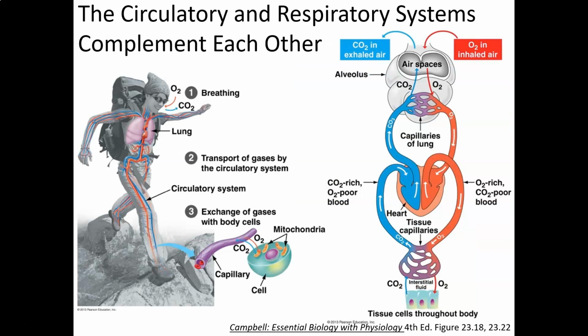One of the ideas that I think is important to understand, and we've kind of talked about this, is this interdependency among systems. The circulatory system and the respiratory system help to complement each other. The respiratory system brings air in and out of the system, while the circulatory system moves the oxygen to the cells and the CO2 back to the lungs so we can get rid of it again.